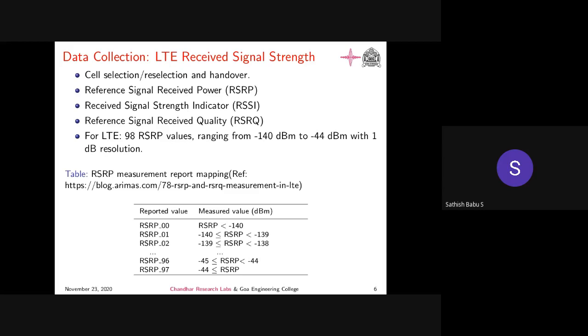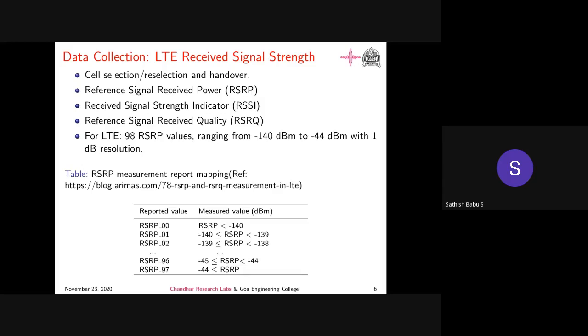The received signal strength indicator is the average power covered over the OFDM symbols containing the reference signals over the n resource blocks. Your RSRP, reference signal received power, is the linear average power over your resource elements, taking the average of the contributions of all the power.